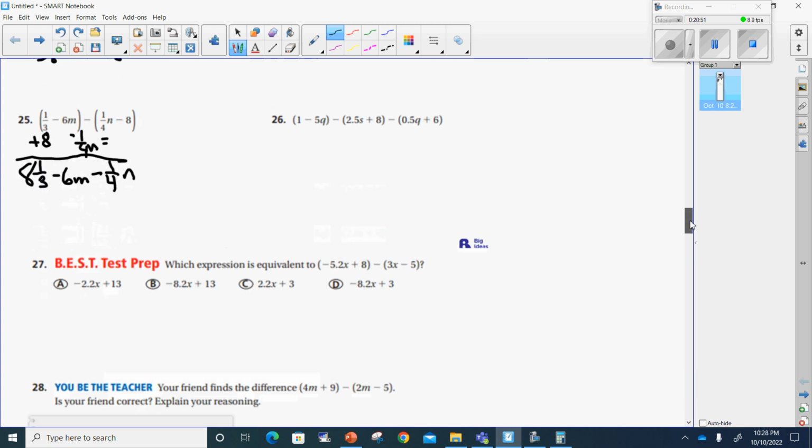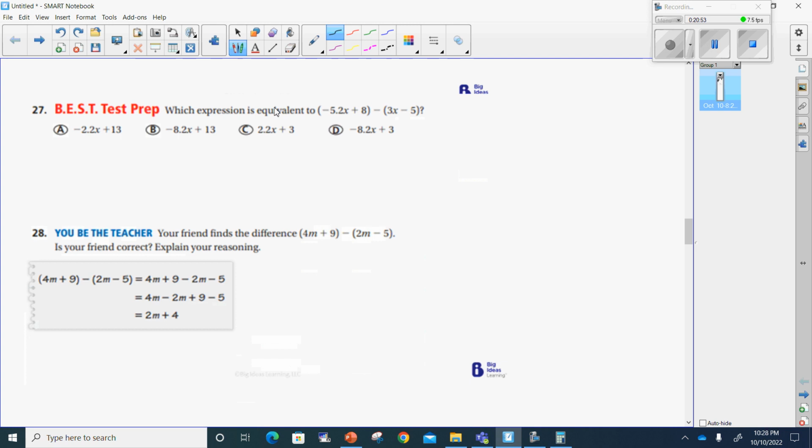All right, now off to number 27. It says, which expression is equivalent to this expression here? Well, we're subtracting again. So let's rewrite this. We're going to see that this is negative 5.2x plus 8 when I take my negative sign and multiply it to everything in here.